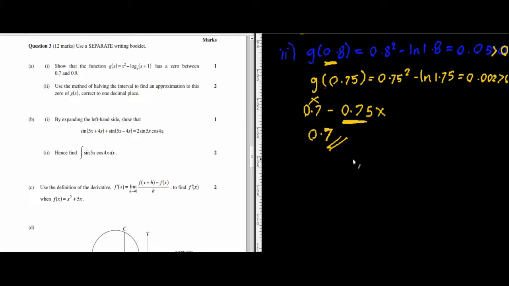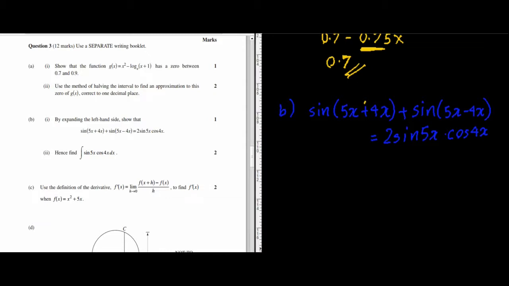Okay, so that is my answer. Part B of the question is asking me to show that sine of 5x plus 4x plus sine of 5x minus 4x is equal to 2 sine 5x cos 4x.